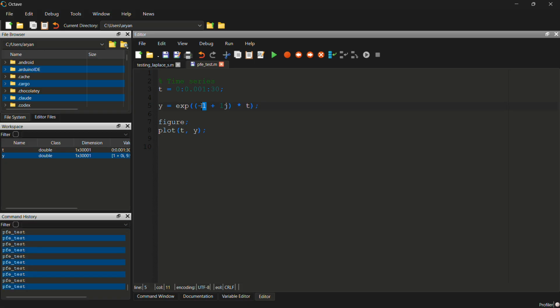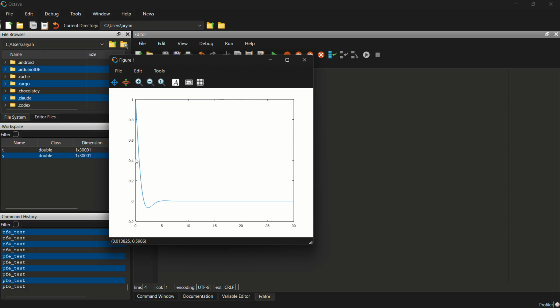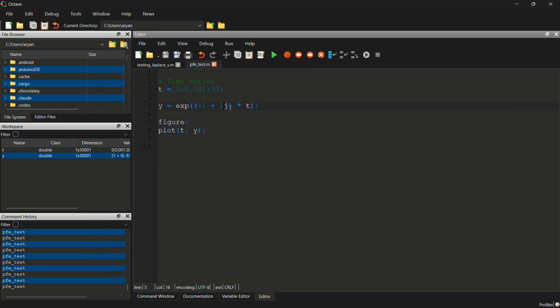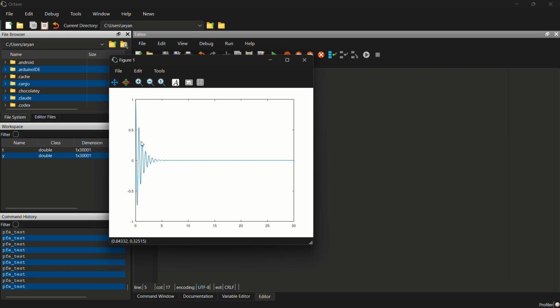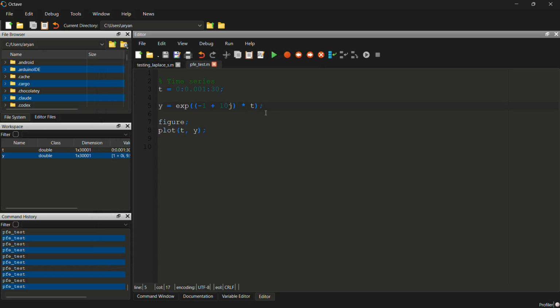It indicates that it will decay, and it will have a rather slow oscillation, and it is quite gradual. It does decay, but to indicate it better, let's try increasing the frequency. This gives us a greater idea. We can see that the oscillation is decaying and it is now zeroed. So this is a stable system's pole.